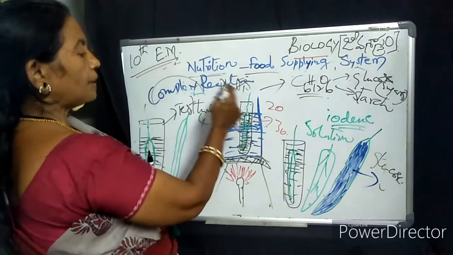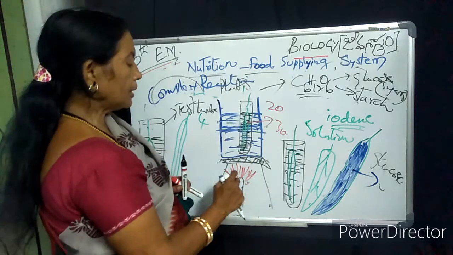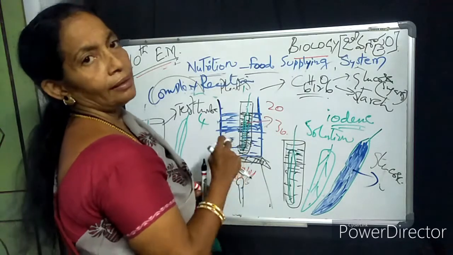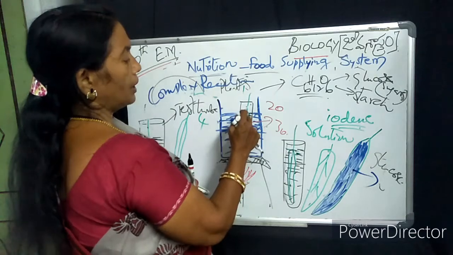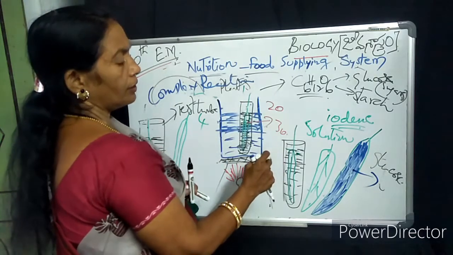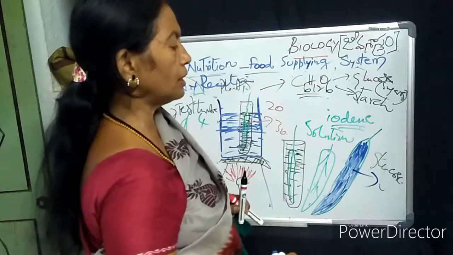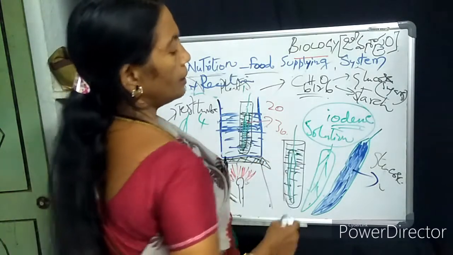This apparatus should be put in the water of the beaker, and the Bunsen burner will boil this water. Then after 20 or 30 minutes we take this leaf out of the apparatus and test it with this iodine solution.